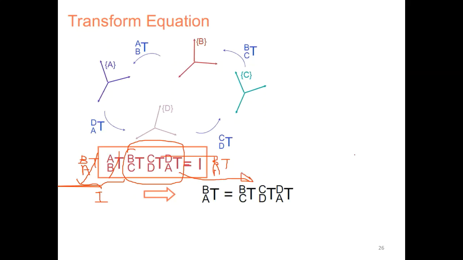So these are compound equations of homogeneous transformation matrices. You can write what you know, and then you can adjust it by pre-multiplying or post-multiplying by other matrices to find something that you do not know. Okay. All right.